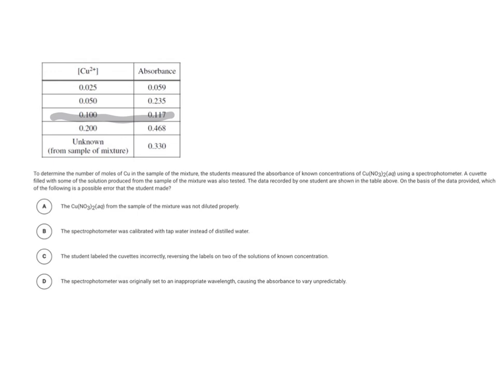I'm going to take a look and see if I put 0.117 and 0.235 in switch places, and then I take a look at the difference in absorbance and see if it is proportional to the difference in concentration. If that is the case, then C is the correct answer. If that's not the case, then A must be the correct answer. I took a look at the absorbance numbers, and I took a look at the first 2 trials. I took 0.117 and subtracted 0.059, and I got 0.058.